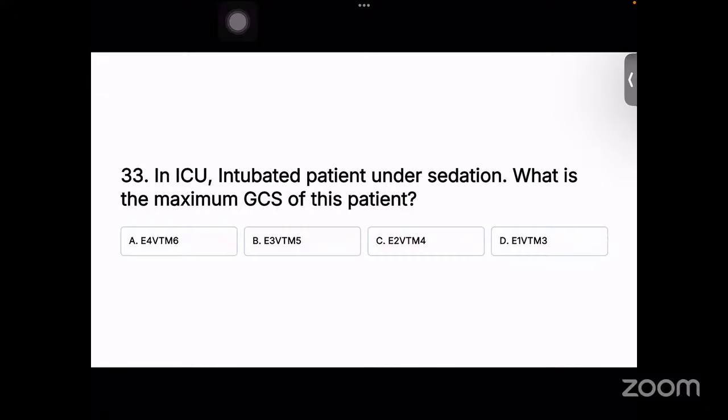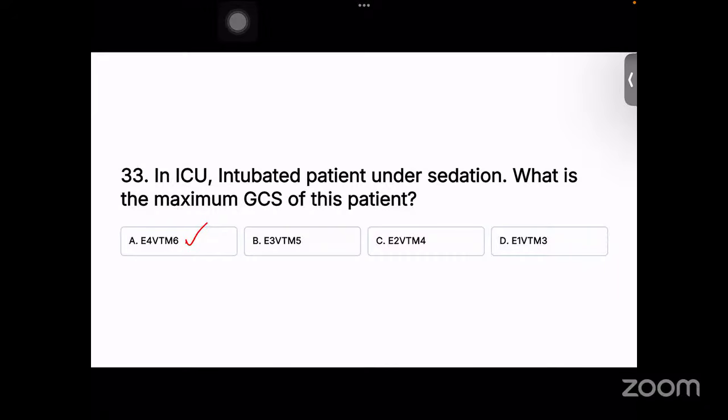The maximum, we go for E4 and M6. These are the maximum scores. M6 is obeys commands; motor is M1 to M6, M6 is obeys command. M5 is localizes pain, M4 is withdraws to pain, M3 is flexion, M2 is extension, M1 is none.